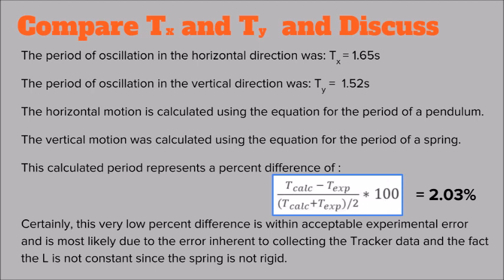The calculated period represents a percent difference of 2.03%. This very low percent difference is within acceptable experimental error and is most likely due to the error inherent to collecting the tracker data and the fact that the relaxed length is not constant since the spring is not rigid.